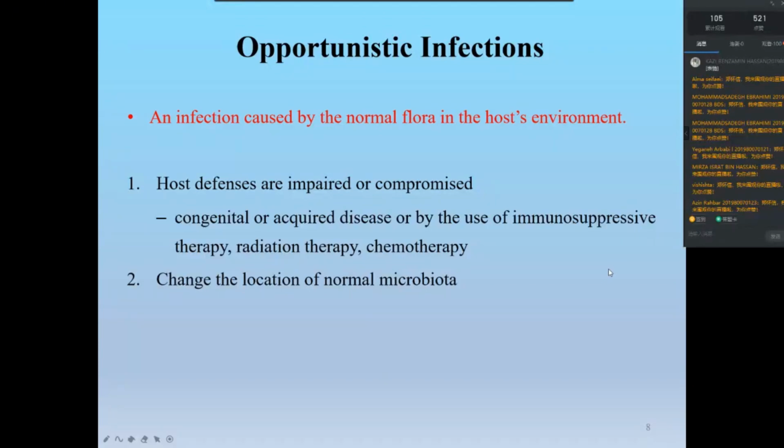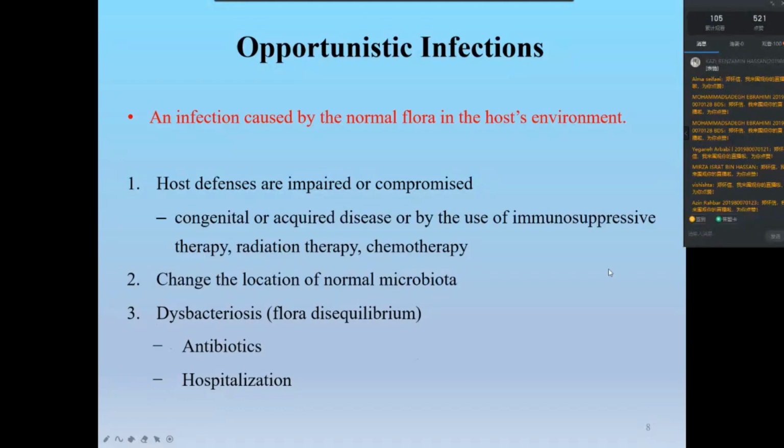Our skin is very tight, and the epithelial cells on our skin are linked with tight junctions. That can seal us and isolate our body from the environment, preventing microorganisms, including pathogens, from invading our body.